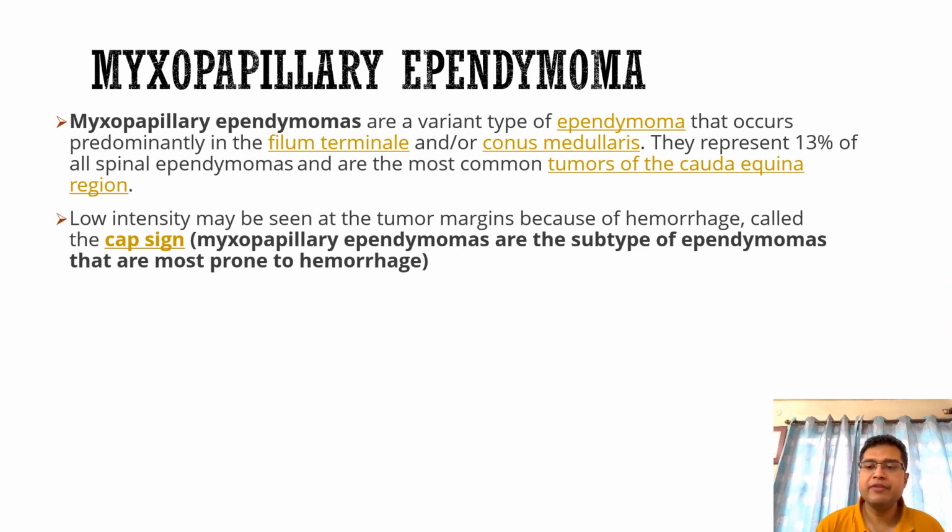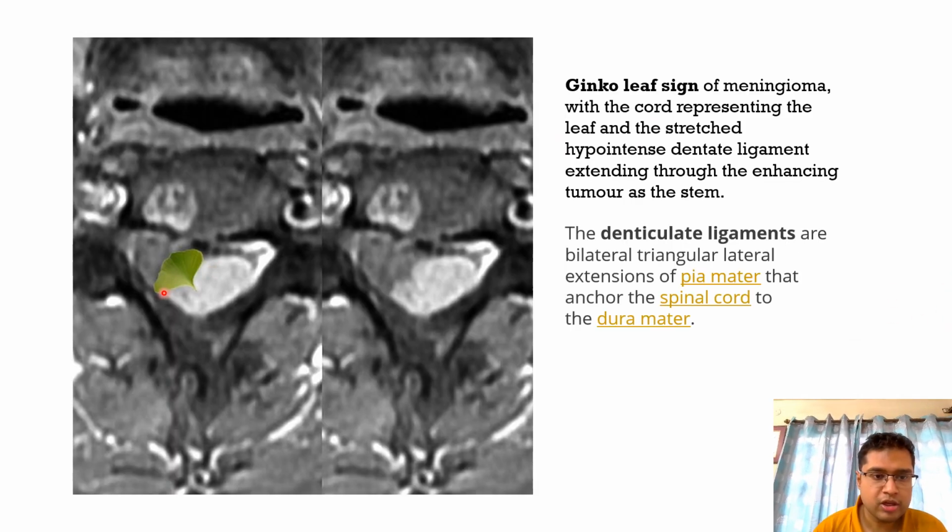An important sign that we can remember is the ginkgo leaf sign of meningioma, where the cord represents the leaf of the ginkgo, and this small hypointense stem is actually the stretched dentate ligament extending through the enhancing tumor as a stem.